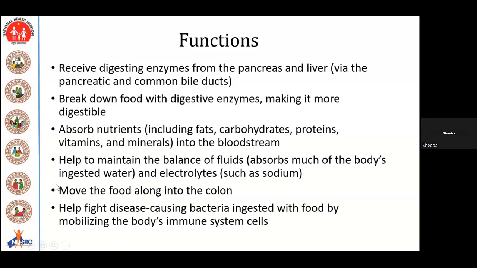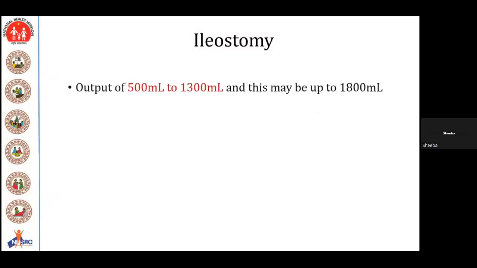Nutrient absorption happens in the small intestine, and after that the fecal matter enters the large intestine for absorbing fluid and salt. Here this patient has an ileostomy, and the output from the ileostomy might be 500 to 1300 ml.